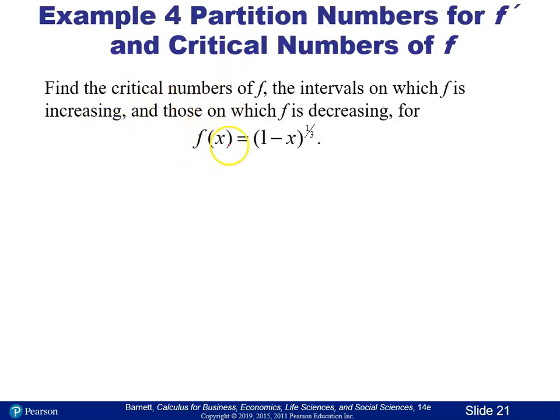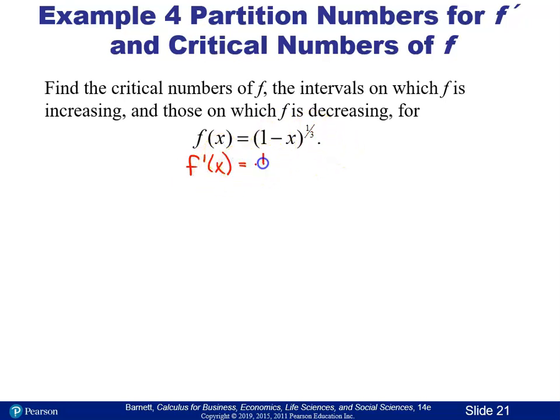All right, let's take a look at this one. This one's a little bit different than what we've been dealing with, because all the others that we've dealt with were polynomials and fairly simple. This one is not a polynomial, so we need to consider things like the domain and where our first derivative is not defined. Like I've said before, we start out by taking the derivative.